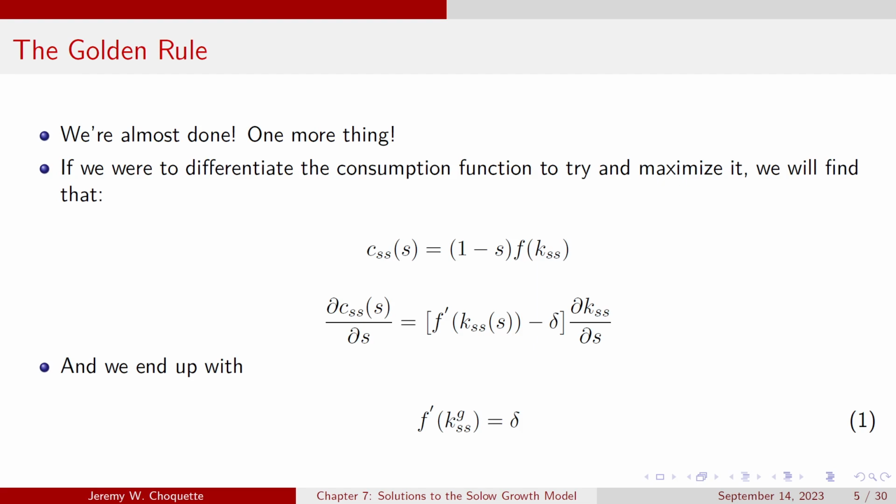Okay, what is that? Well, think about this for a second. The marginal product of capital, that's the return on capital, right? It's how much additional output I'm going to get given one additional unit of capital being applied to production.